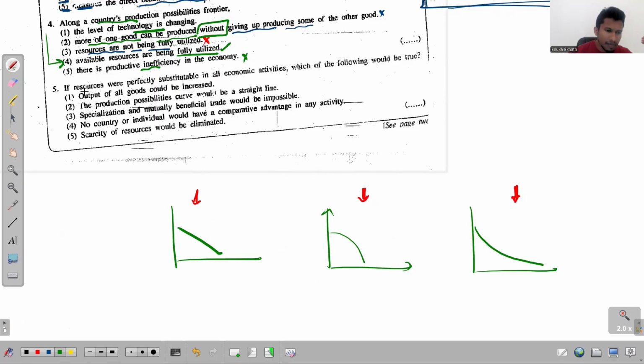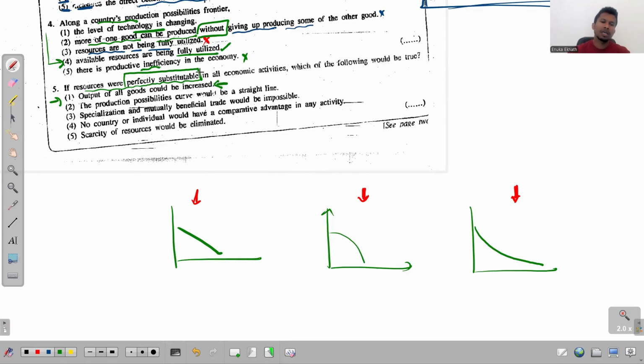Now here it says, if resources were perfectly substitutable, the first one says output of all goods could be increased. See, now it doesn't matter whether you can increase the production of both goods or not. I mean, there's no such connection between this given scenario and the nature of the resources.